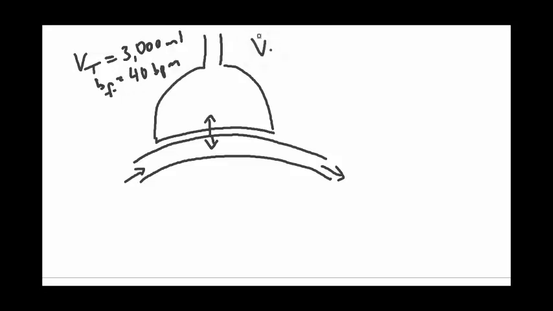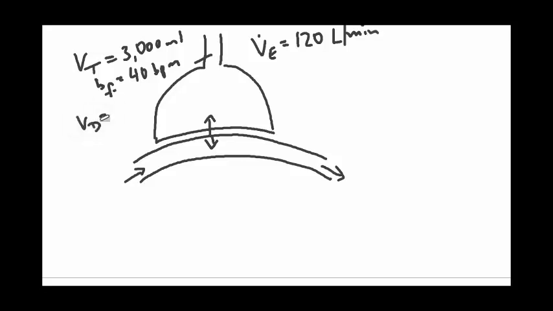That means my V dot E, my minute ventilation, is tidal volume times breathing frequency. So 3,000 milliliters times 40 breaths per minute gives me 120. And let's use liters per minute as the units here. Now, what's the dead space volume? Well, dead space volume, again, volume that is stuck in the trachea and the bronchi, that is still 150 milliliters.